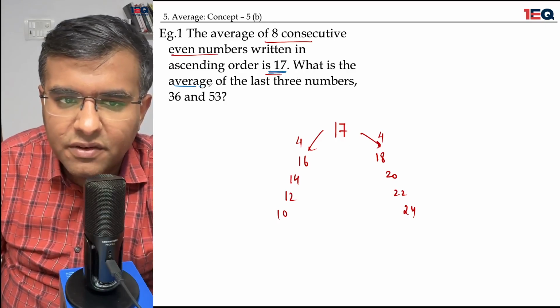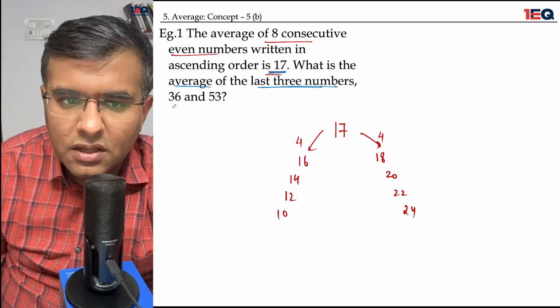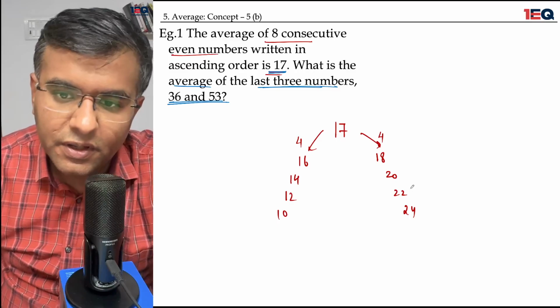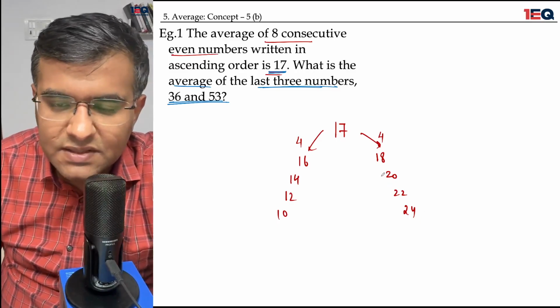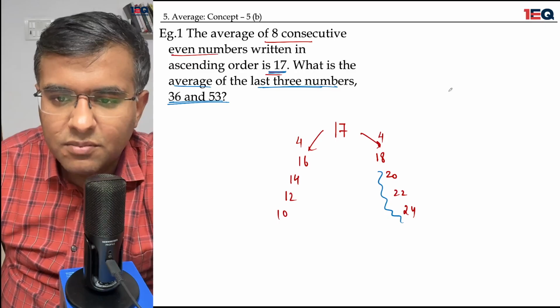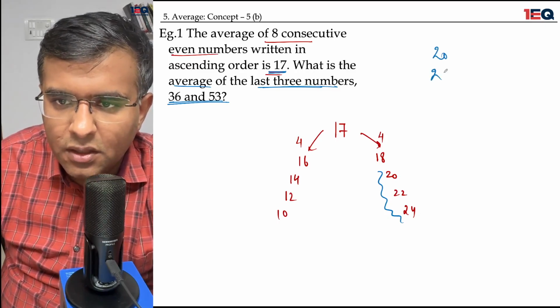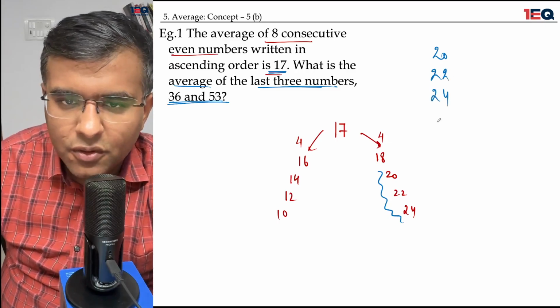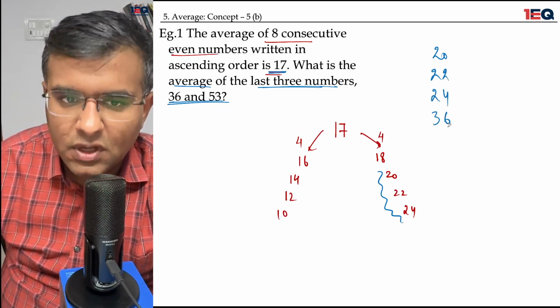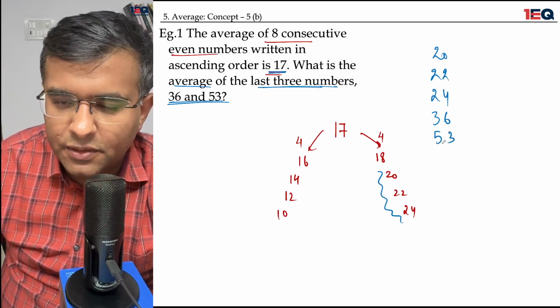What is the average of the last three numbers and 36 and 53? I've already found out the last three numbers: 20, 22, and 24. So 20, 22, and 24, and also 36 and 53.